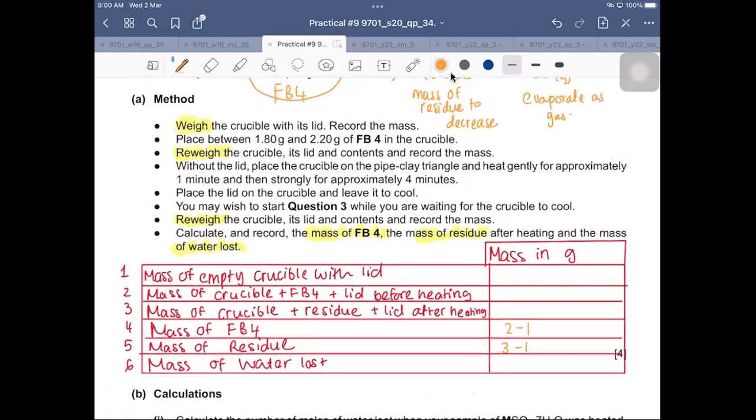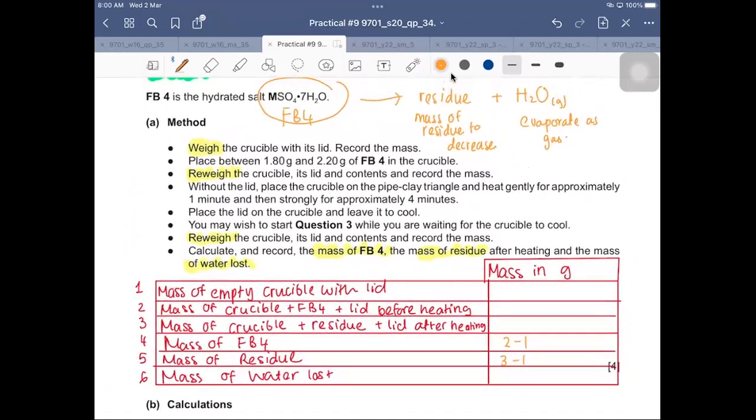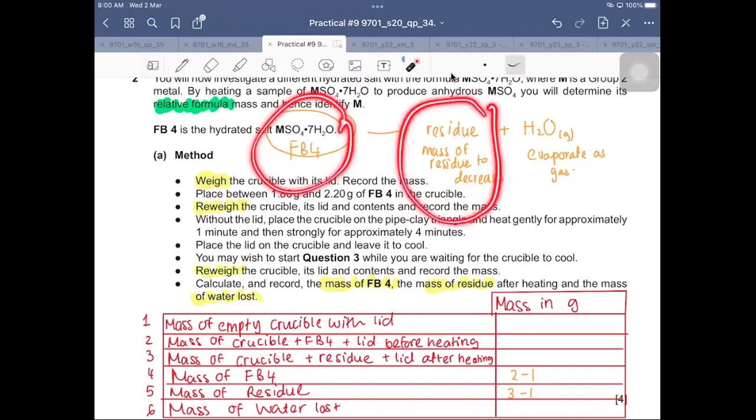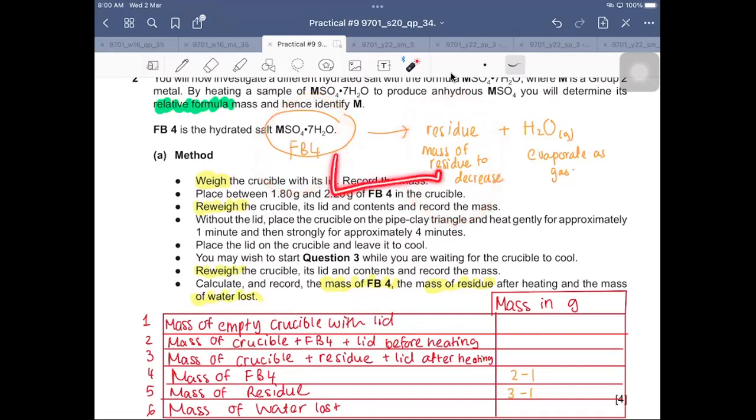Okay, so how do we find that mass of water loss? Well, you take the mass of your solid, which would be higher, minus the mass of residue. The difference in mass between these two would be the gas that has evaporated, or the gas that has been lost.